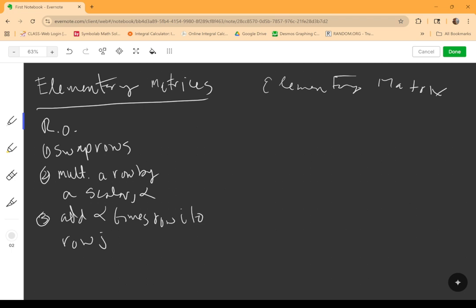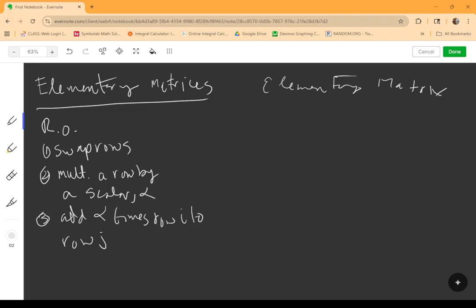Here we're going to focus on square matrices for our elementary matrices. Our elementary matrices will be square matrices, but since we're going to focus on left multiplication, they can be applied to any matrices as long as the dimensions line up for the operations.